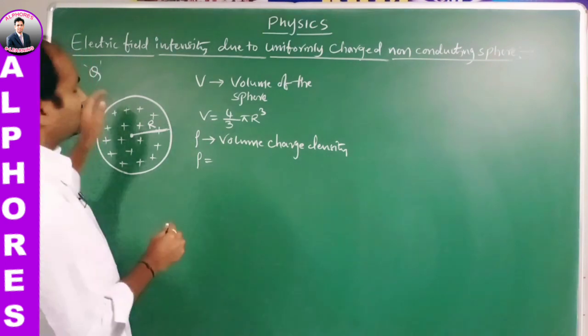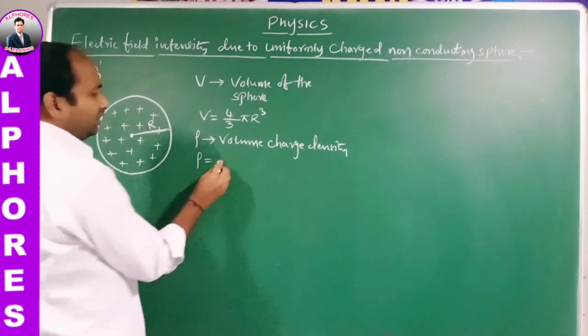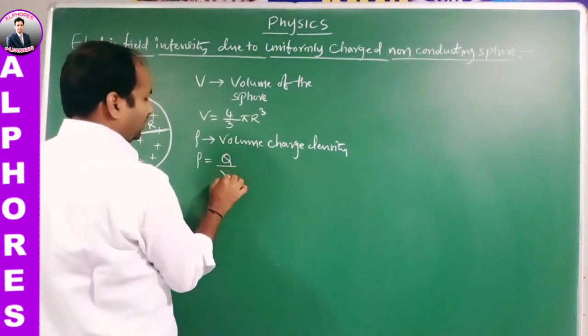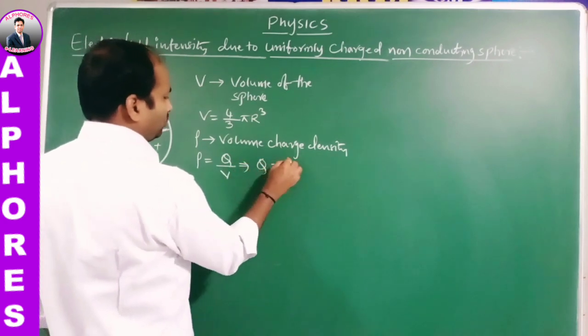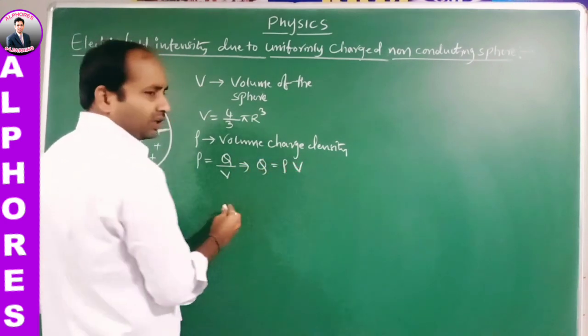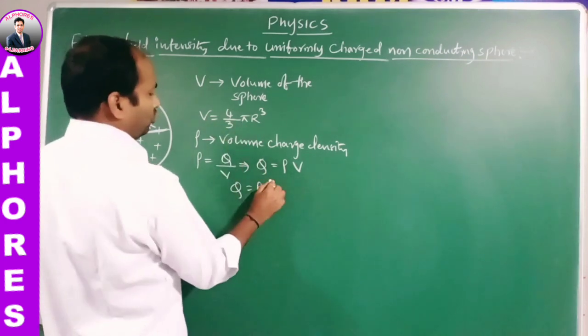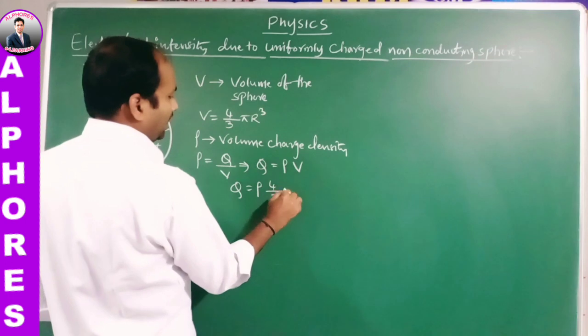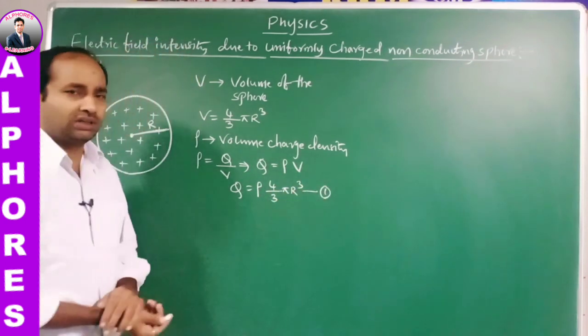Let capital Q be the charge given. So rho is equal to Q by V, which implies Q is equal to rho into V. Q is equal to rho times 4 by 3 pi r cube. Let us call this equation number 1.